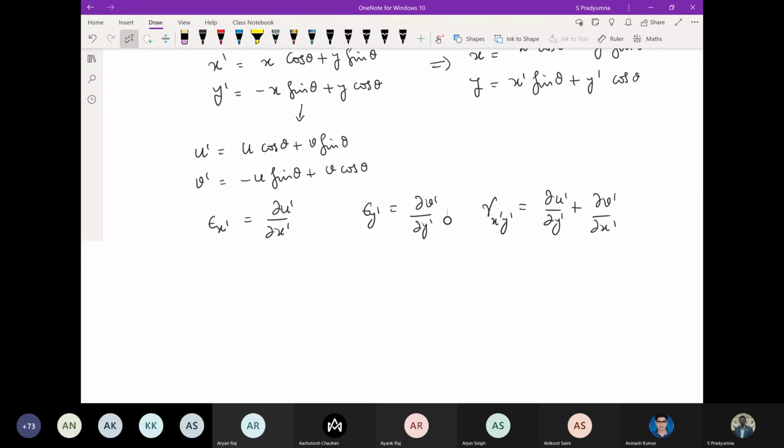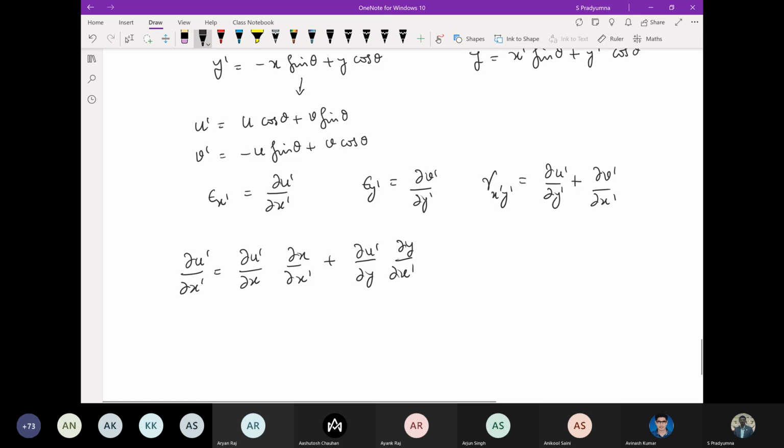All right. Now again I use the chain rule for these partial derivatives. I write dou u dash by dou x dash is equal to dou u dash by dou x into dou x by dou x dash plus dou u dash by dou y into dou y by dou x dash.